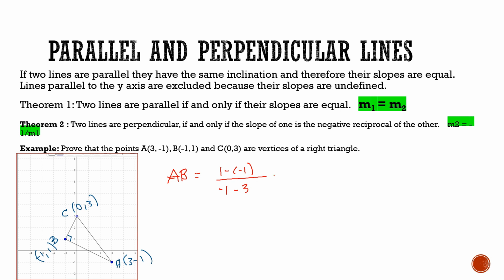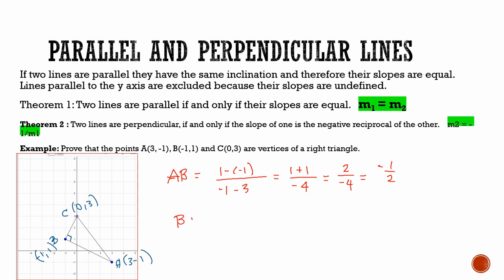This will be equal to 1 plus 1 over negative 4. Therefore, this is 2 over negative 4, and this will be negative 1/2.